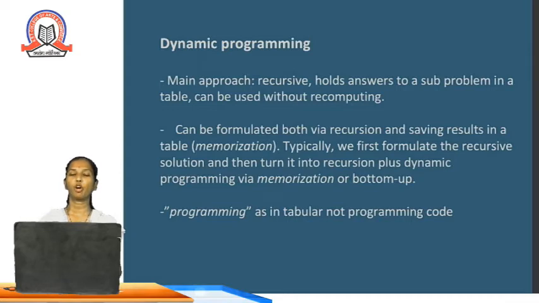So it can be formulated both via recursion and saving the results inside the table. Typically we first formulate the recursive solution and then turn it into recursion plus dynamic programming via memoization or the bottom up approach. Programming as in tabular, but not the programming code.